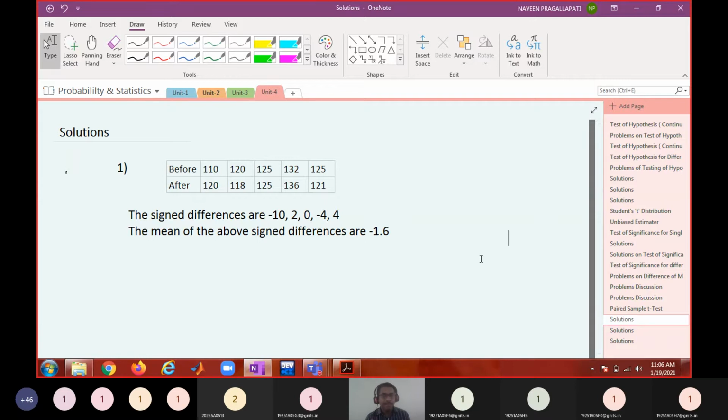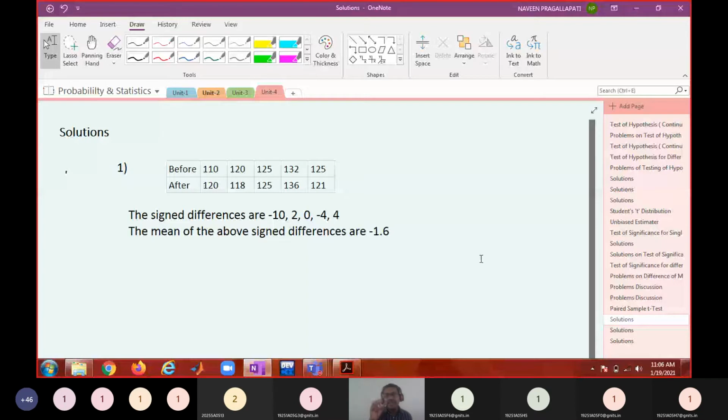The blood pressure value should decrease, right? After applying the particular drug, if the blood pressure values are decreasing significantly, then the drug is going to be effective. So naturally the differences must be negative, and the average also will be negative.